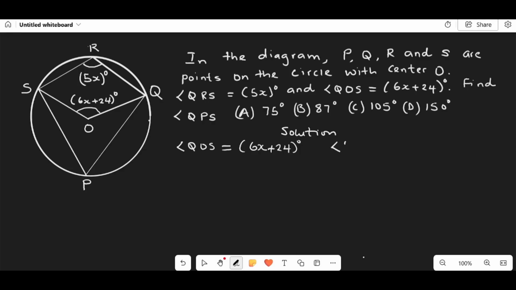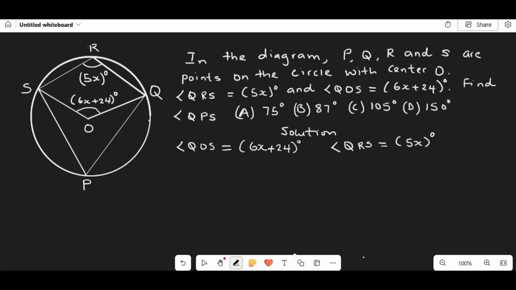Angle QRX equal to 5x degree. And the question says we should find angle QPS. And O is given as the center of the circle.